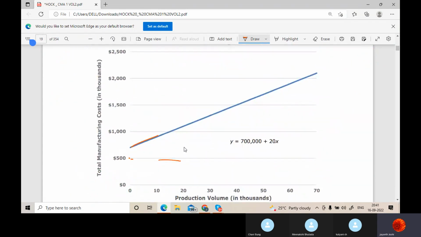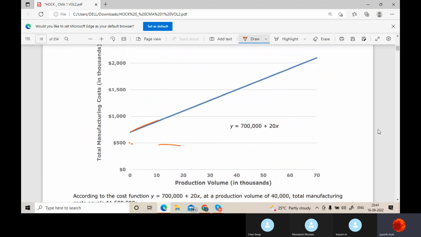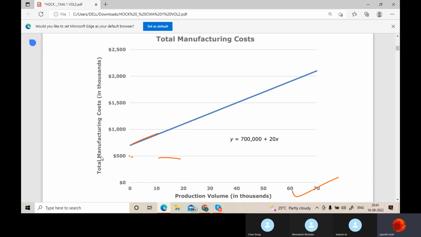And you can see the graph. What does this graph show? This is the production, this is the total manufacturing cost, and here is the fixed cost, maybe 700. Okay, that would be fixed, that won't change. That is 7 lakhs or something, that won't change.